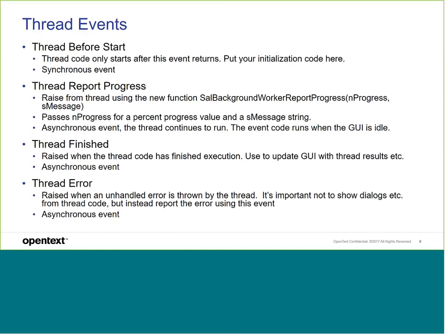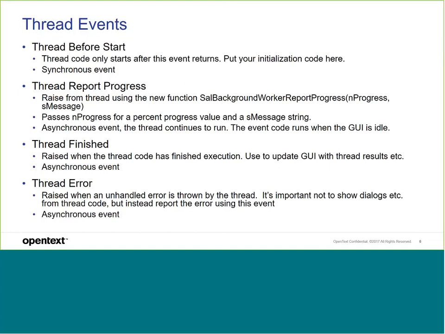Thread finished is raised when the thread code has finished execution. You can use it to update the user interface with thread results, and again, it is an asynchronous event. Thread error happens when an unhandled error is thrown by the thread.